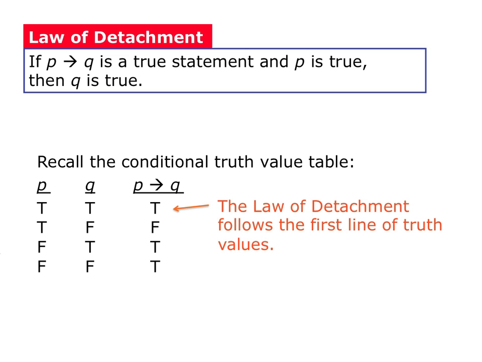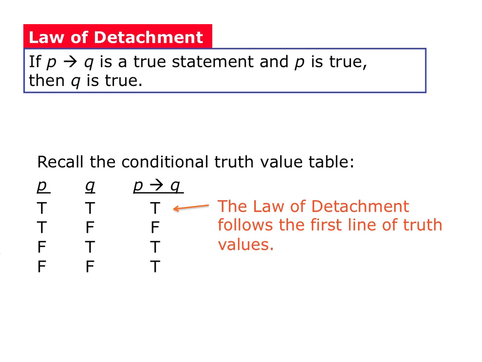But if the if-then is true and the hypothesis is true, notice down here the hypothesis was false. If the if-then is true and the hypothesis is true, the only line that fits that is when the conclusion then has to be true. These down here were the ones that didn't make a lot of sense to us. Remember that problem? If a cat is a bird, then whatever.